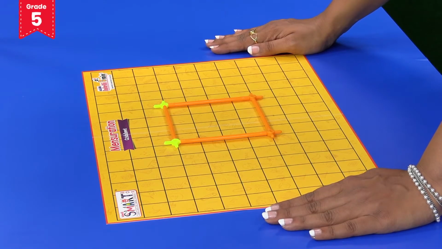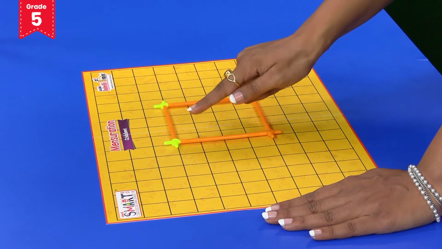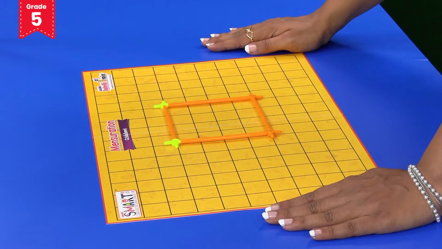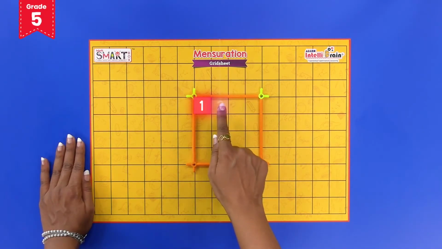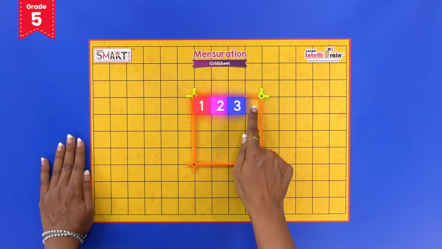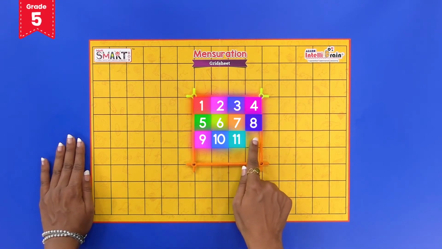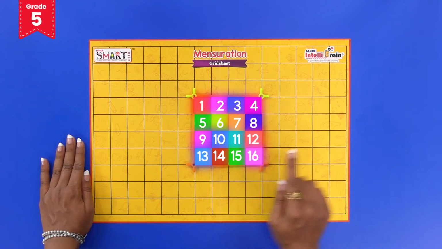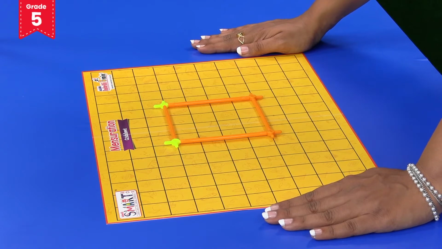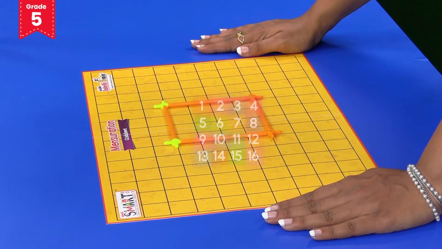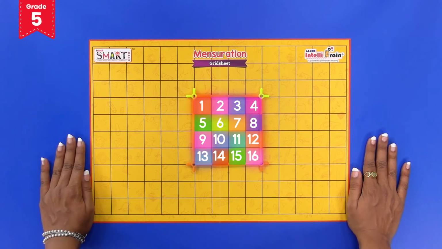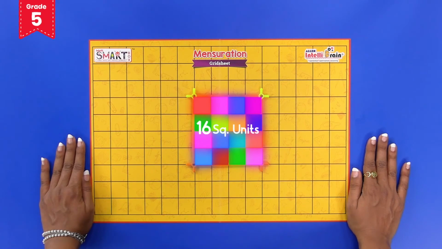The number of square cells inside this square shape are 1, 2, 3, 4, ... 15, 16. There are a total of 16 complete square cells. Therefore, the area of this square shape will be 16 square units.